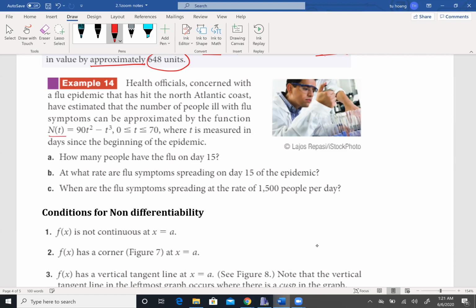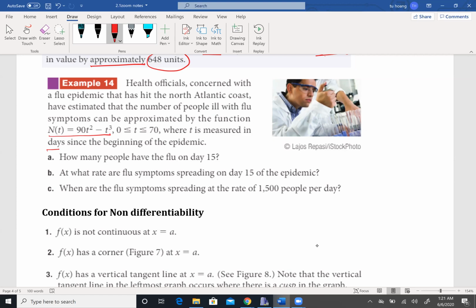So I have this function, N(t) equals 90t squared minus t cubed, for t between 0 and 70, and t is measured in days since the beginning of the epidemic.